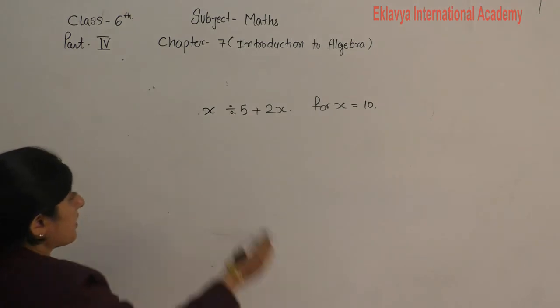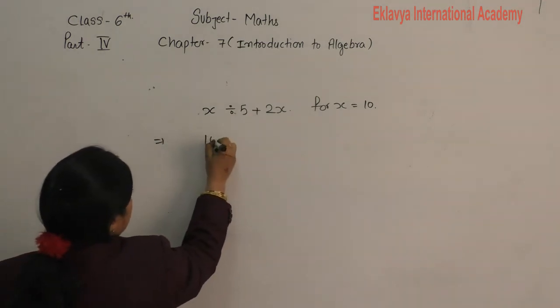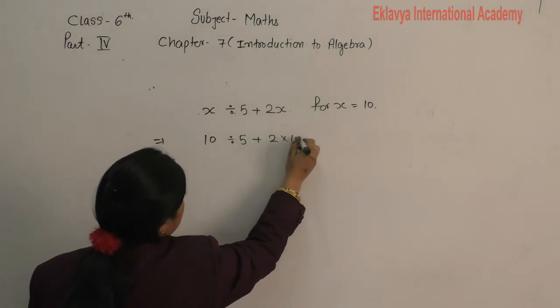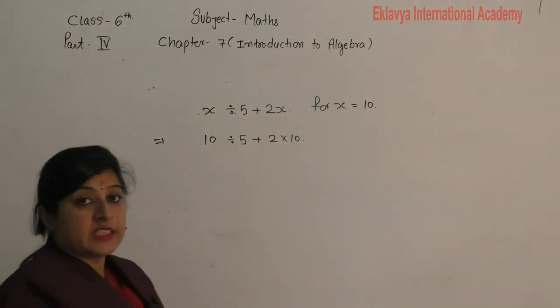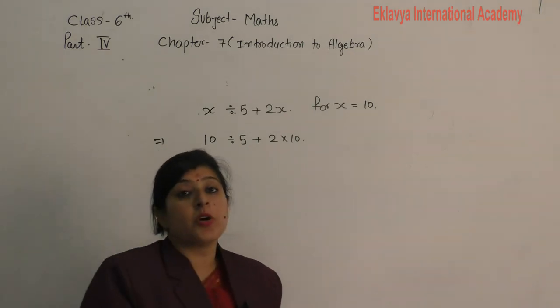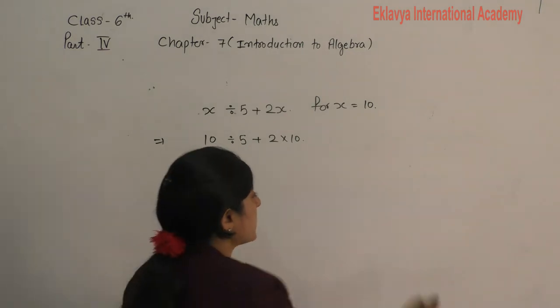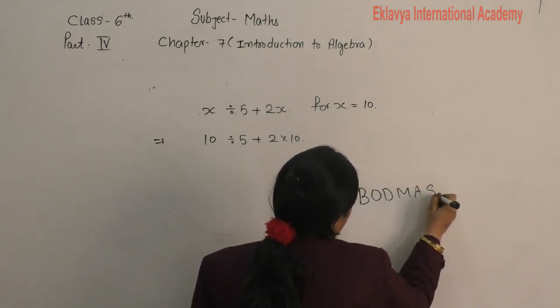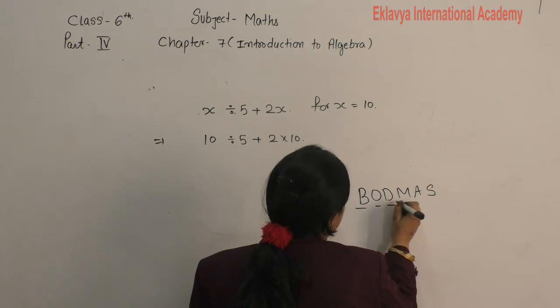See now, put the value of x firstly. 10 divided by 5 plus 2 multiply by 10. Now see, in this also we will apply BODMAS firstly. BODMAS rule: bracket, of, division.